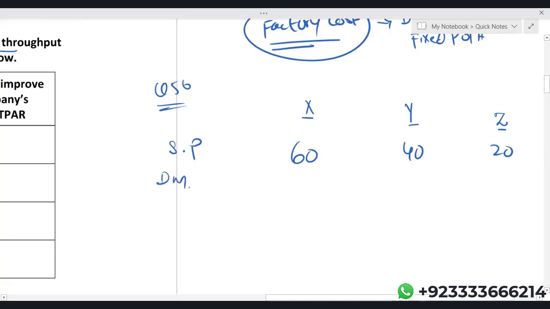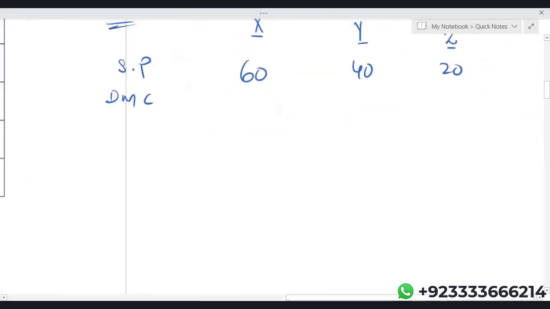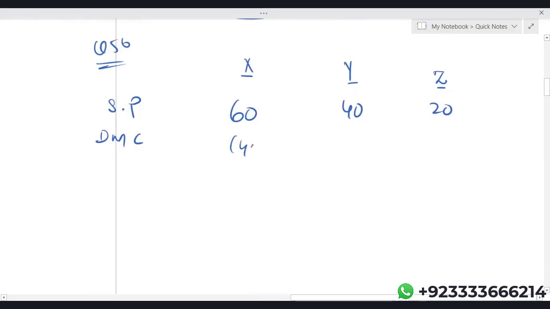Direct material cost per unit is 40, 10, 16. Throughput per unit is 20, 30, and 4.